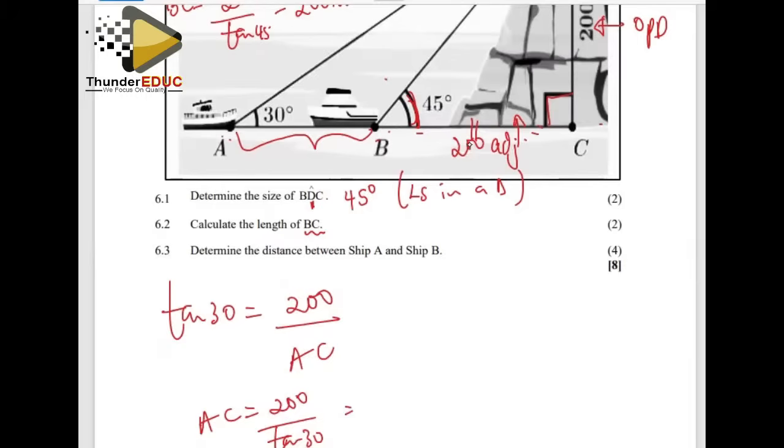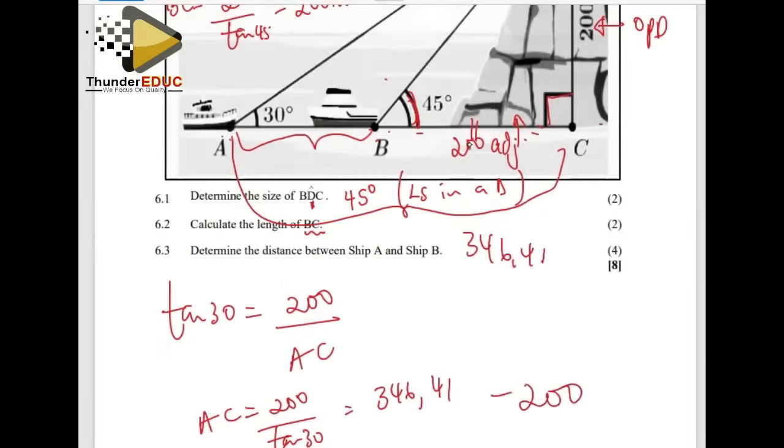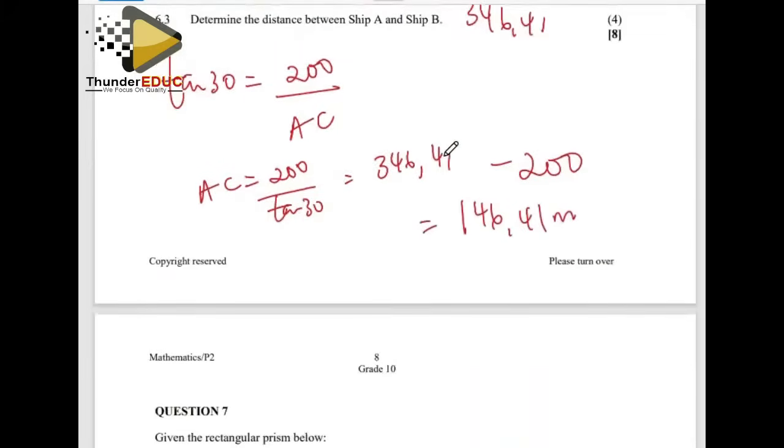Okay, 200 divided by the tan of 30, I'm getting 346,41. So this is the total distance from there up to there, 346,41. But we need to subtract the 200, and then we shall get 146,41 meters. And then that becomes the distance of interest.